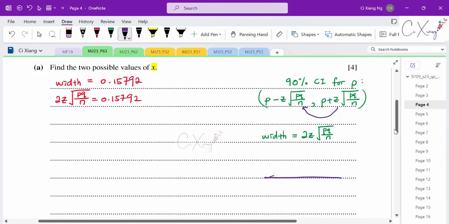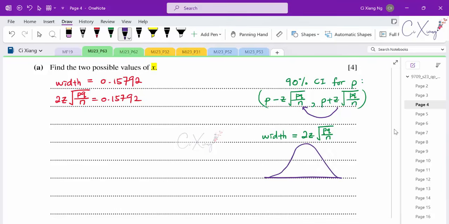Basically, you should know that the 90% is meant for the center part of a normal graph, and then each side has 0.05. So if I want to find the value of Z, it should be the whole area below the Z, which is 0.95. So I should look for 0.95 to get the correct value of Z for my confidence interval.